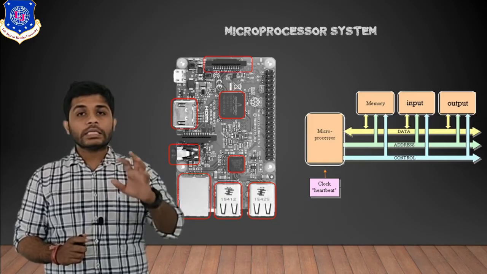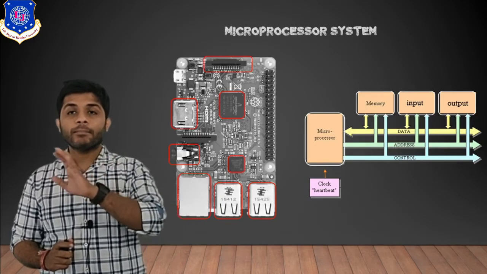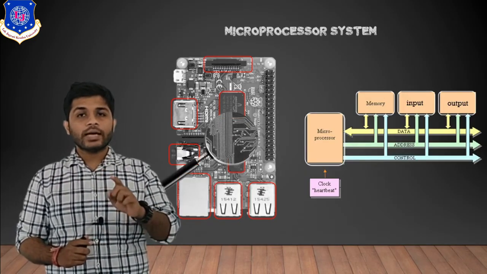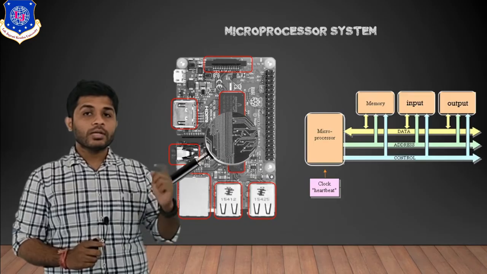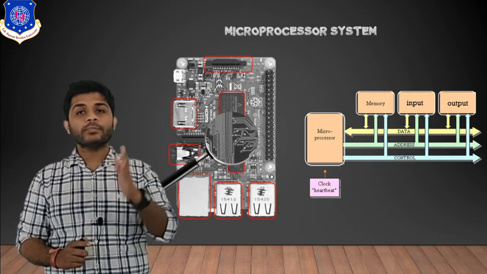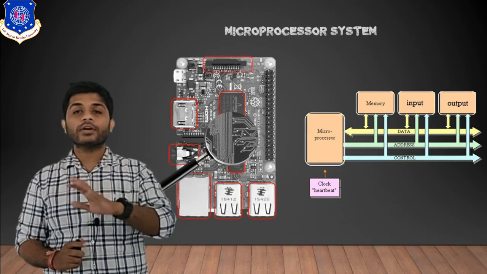To connect this microprocessor with its input, output and the memory, the bus is required. You can see that on the Raspberry Pi board, the parallel lines are the bus. And using these parallel lines, the processor can send and receive data with its different components.